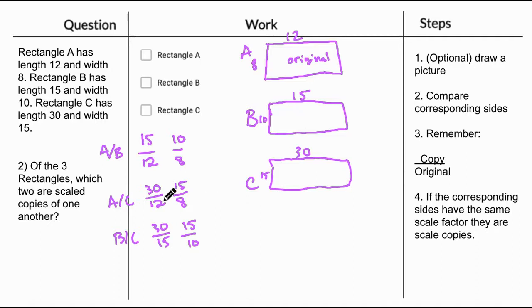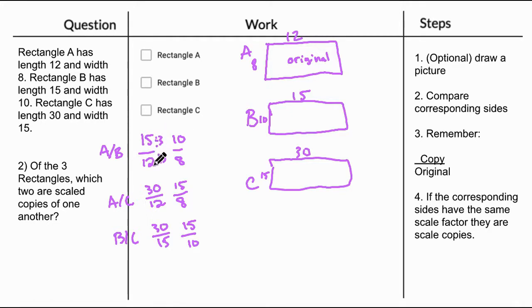So let's take a look at these. Again, all we really have to do is put these numbers in this fraction and then simplify to see if they are equal. If they have the same scale factor, then we can say yes, they are scaled copies. So A and B here, let's take a look.